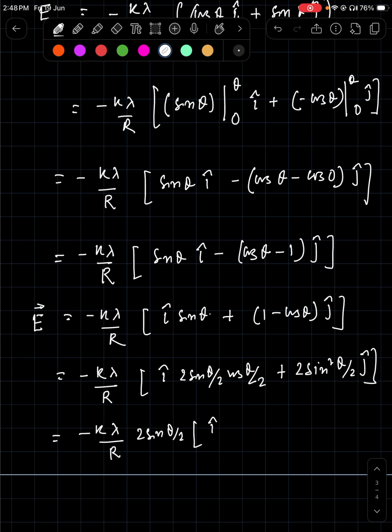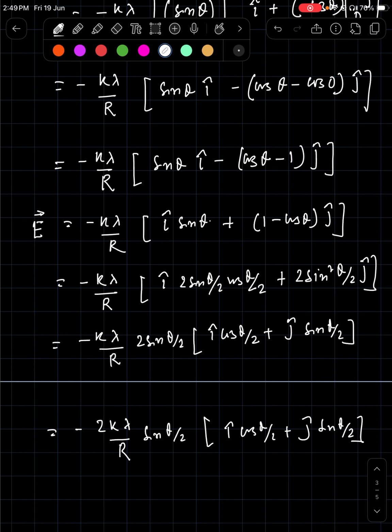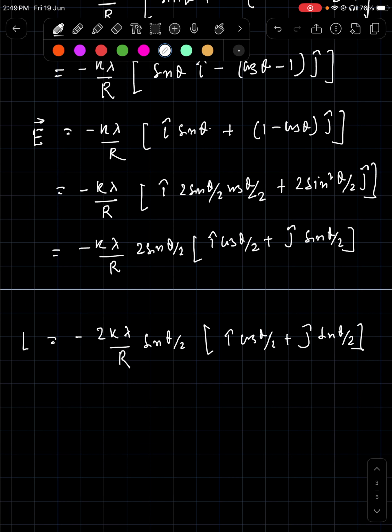So it becomes i cap cos theta by 2 plus j cap sin theta by 2. So ultimately it becomes 2k lambda by r sin theta by 2 into i cap cos theta by 2 plus j cap sin theta by 2. So that is the expression of the E at the center when it is taken to be a circular arc.